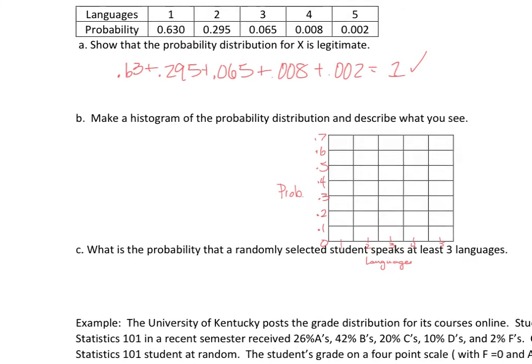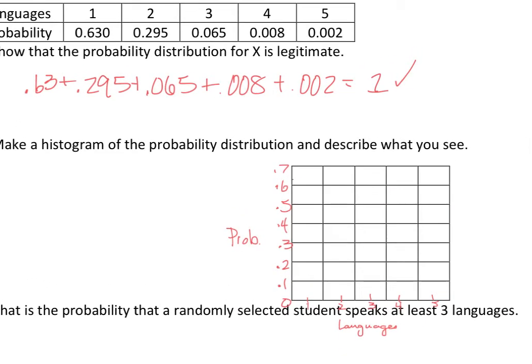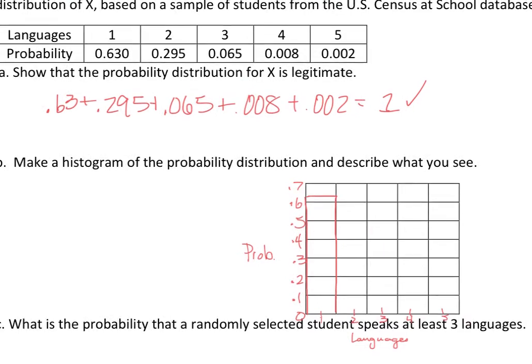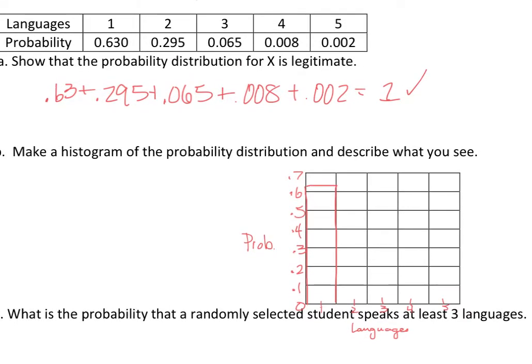So let's first start with 63%. So we'll draw a line over. Unfortunately, on this, I can't make straight lines like I can in Notability, so you guys will probably have an easier time than me. 0.295, which is essentially 30, so I'm just going to put a line there at 30.